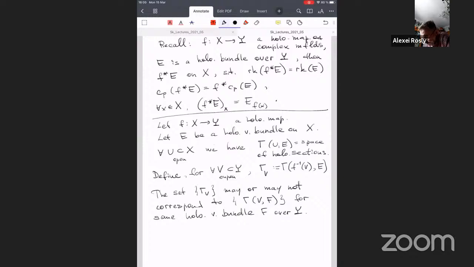The simplest case is when the map from X to Y maps the whole of X to a single point in Y. Then most of these guys are zero.